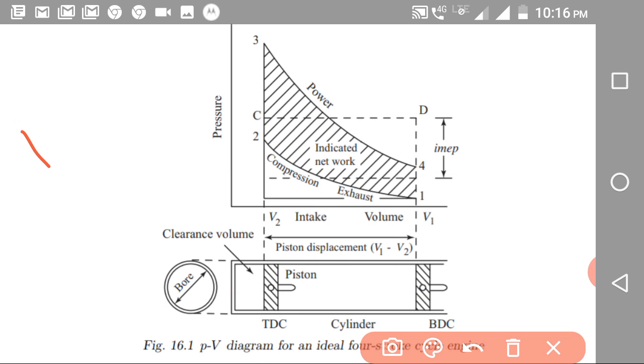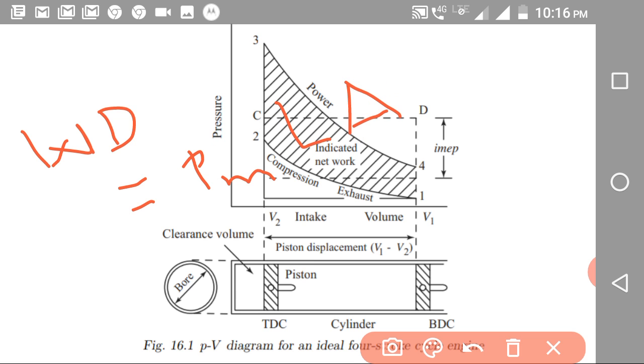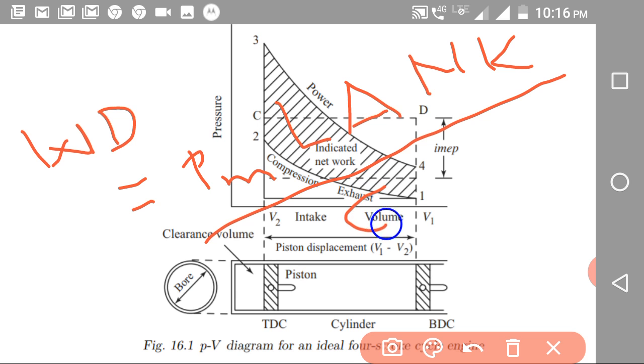Work done is equal to pm l a n k divided by, since n is in rpm, we convert it into seconds, so we have to divide by 60.